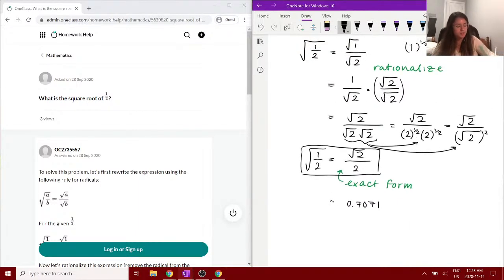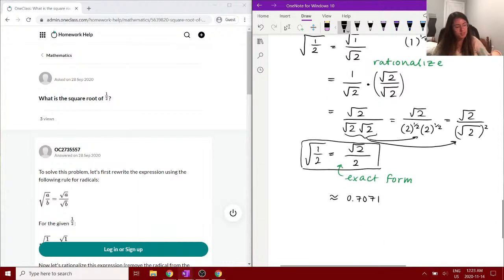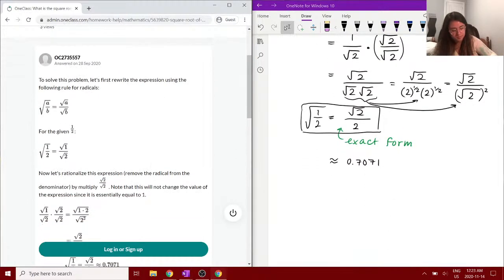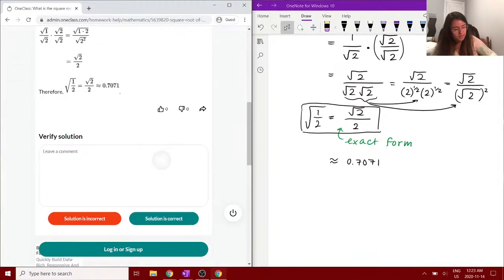Approximate, that's what the squiggly lines mean, the approximated answer. And that is everything for this problem. So we get the same thing in the solution. So we can say correct solution, and move on to the next question.